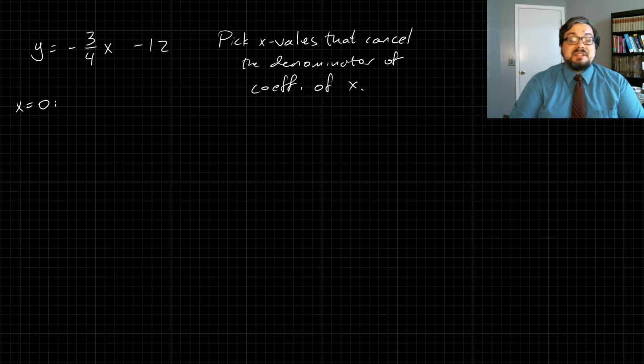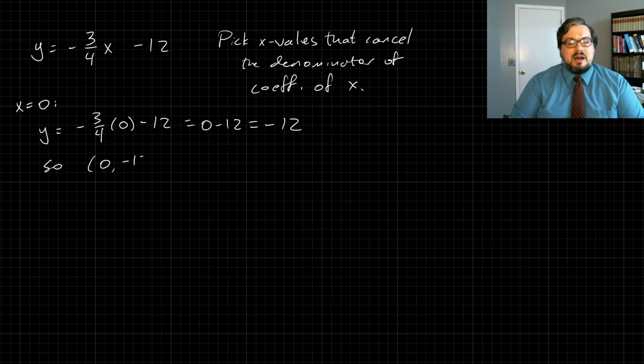So x equals 0 is always a good choice. If x is equal to 0, then that means that y is equal to negative 3/4 times 0 minus 12, which is 0 minus 12, which is negative 12. And that means that the point 0 comma negative 12 is on the line.